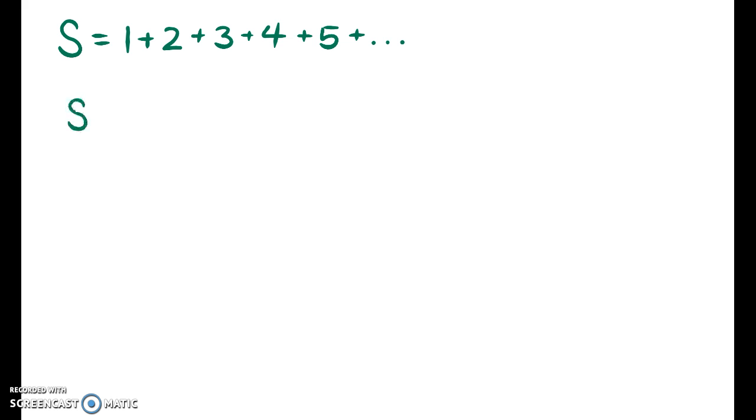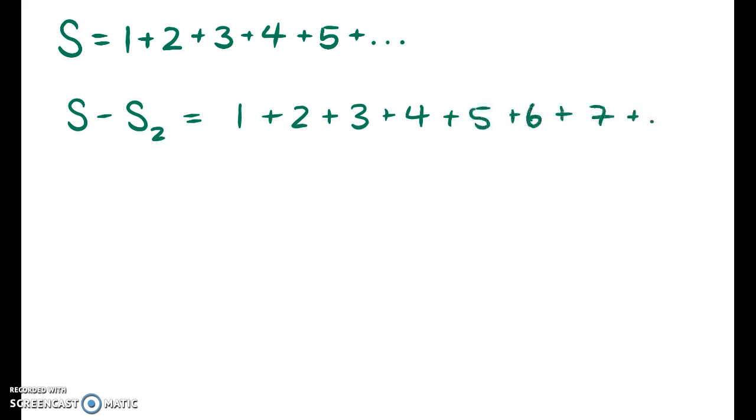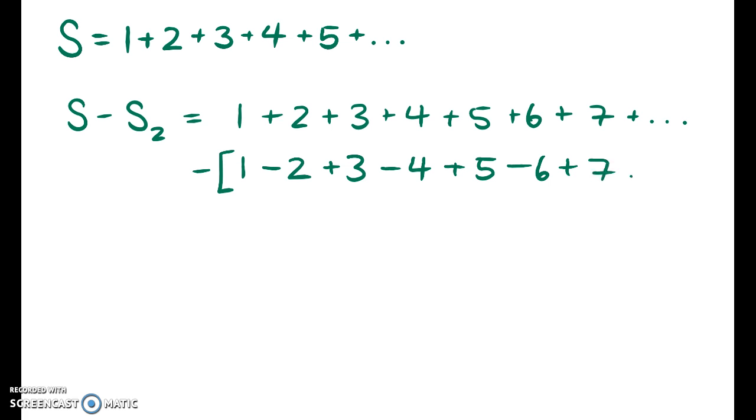So we have S minus S2 is equal to 1 plus 2 plus 3 plus 4 plus 5 plus 6 plus 7, and so on, minus, and here we have a bracket, 1 minus 2 plus 3 minus 4 plus 5 minus 6 plus 7, and so on. And this in brackets is S2.